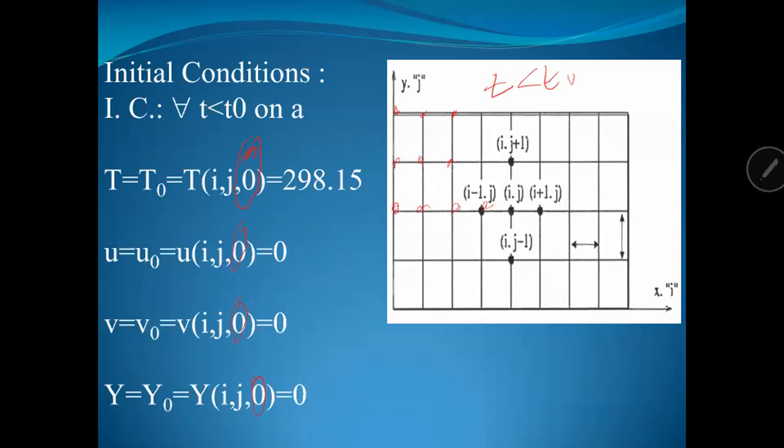All of them together. Understood? All known at time t equals 0. But at time t bigger than t0, we don't know. Okay, we need to calculate all these values. Understood?